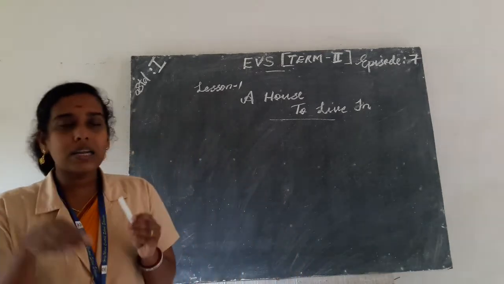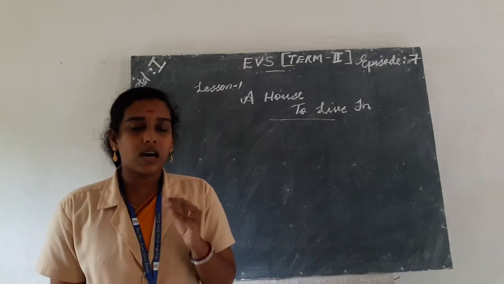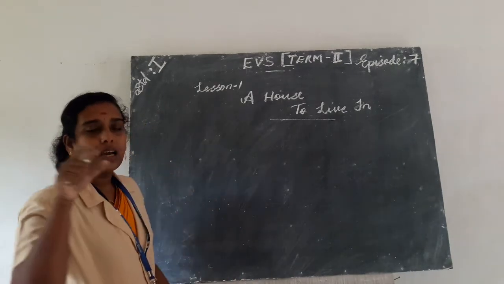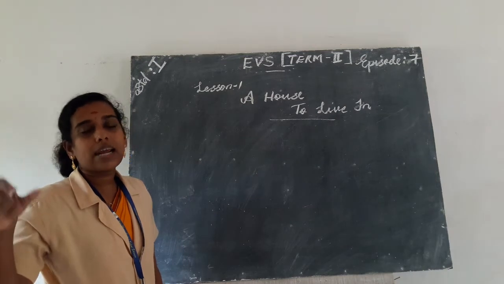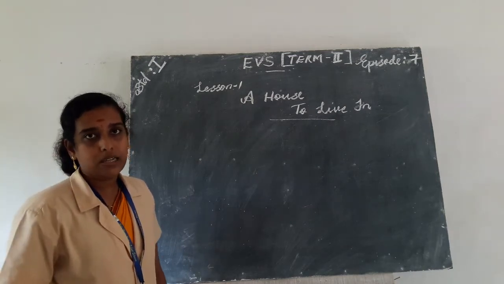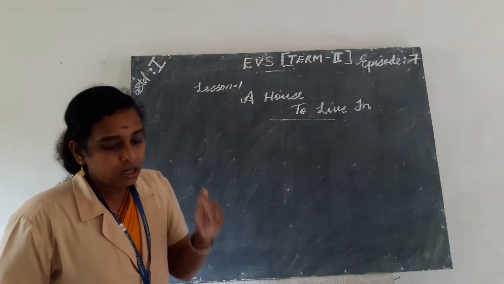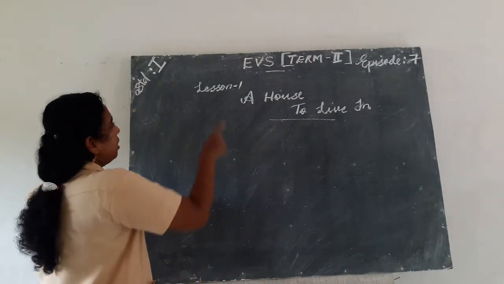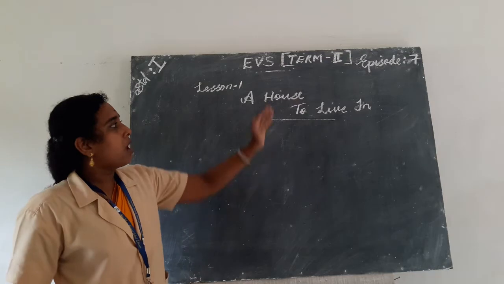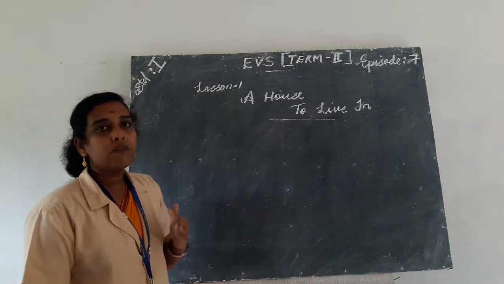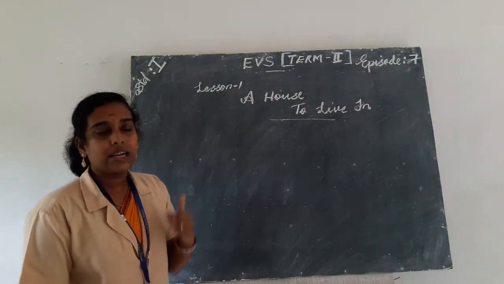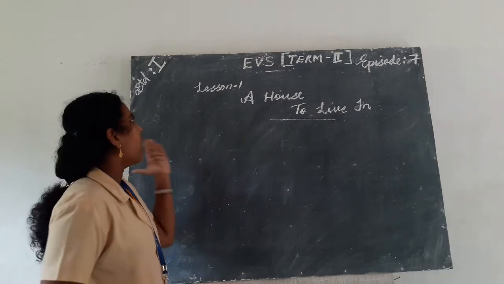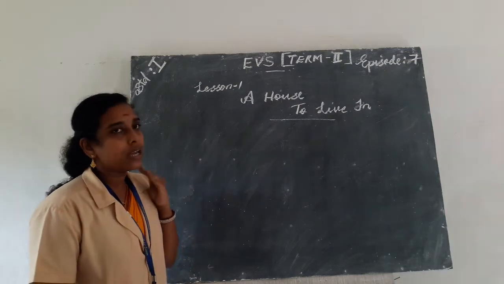So the importance of a house is that it protects us from rain, sun, and strange animals, and it also gives us shelter. In this chapter we study about houses, the people we live with, and the importance of houses.